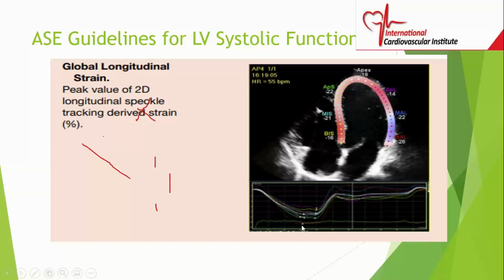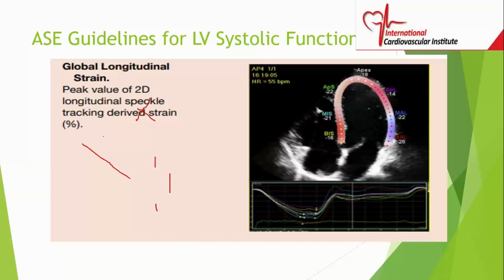So you want to make sure that you get to that minus 20. That means it should deform, it should shorten by about 20%. But because it's shortening, that's why it's negative. If you were looking at the heart in the short axis, when the heart contracts, it thickens. So because it thickens, when it contracts, that would be a positive number.